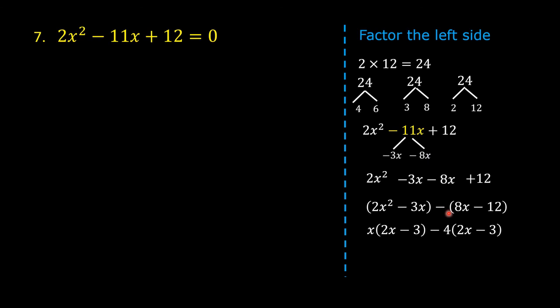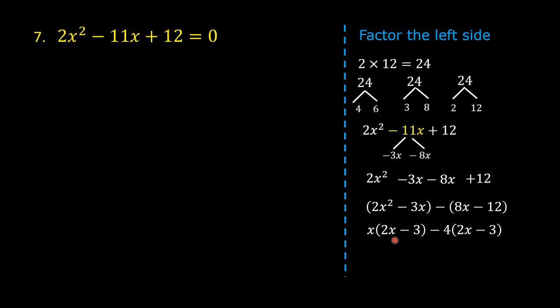Let's see. So factoring out x, we get 2x minus 3, because 2x squared divided by x is 2x, and then negative 3x divided by x is negative 3. And then here 8x divided by 4 is 2x, and then negative 12 divided by 4 is negative 3.